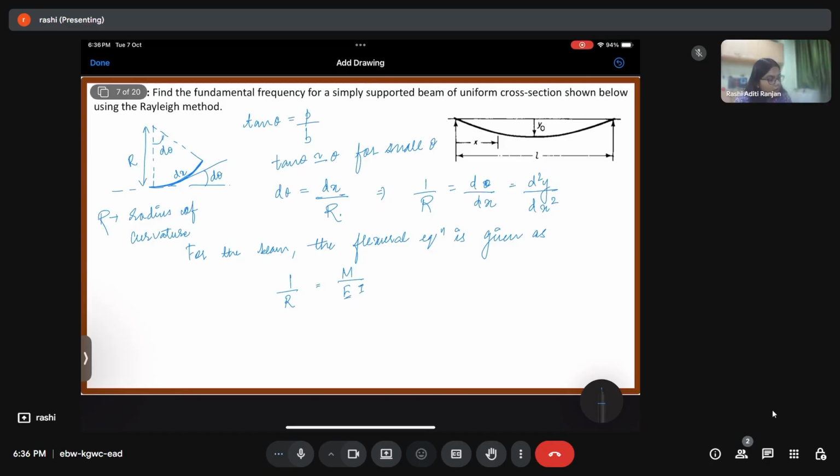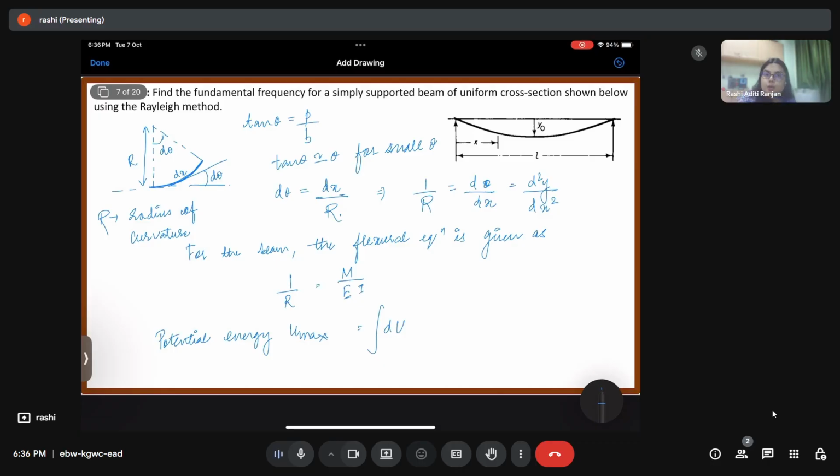Anyways, for the potential energy, which is U max, we can write it as integration of dU.